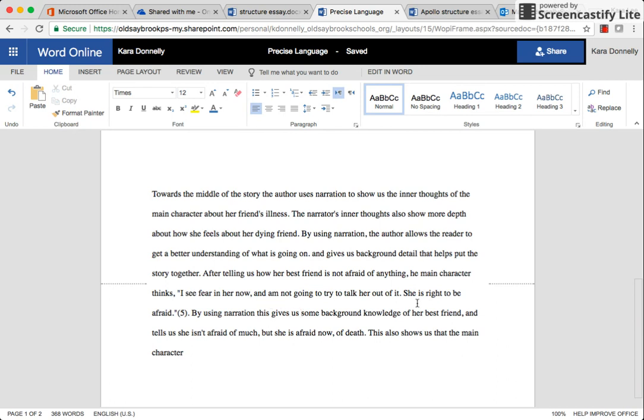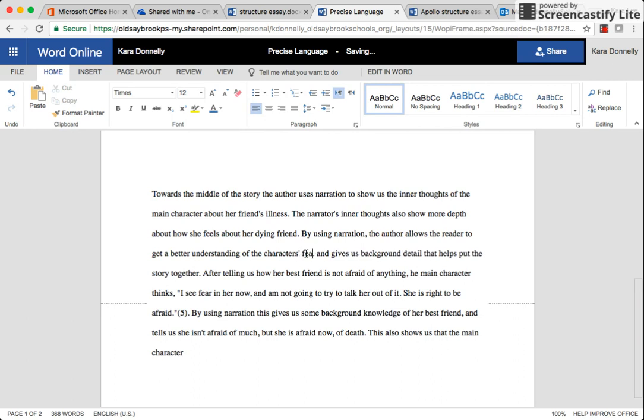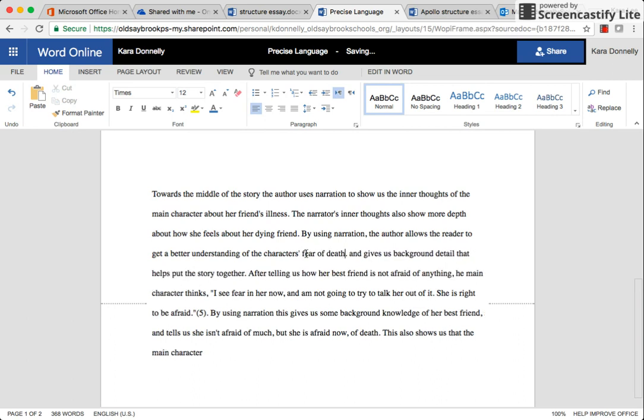Or maybe that both characters, the narrator and her friend, are afraid of death. So by using narration, the author allows the reader to get a better understanding of the character's fear of death. That's much more precise, the character's fear of death, than what is going on.